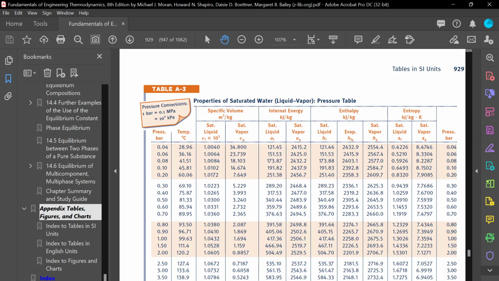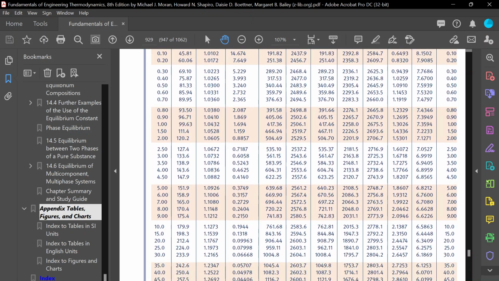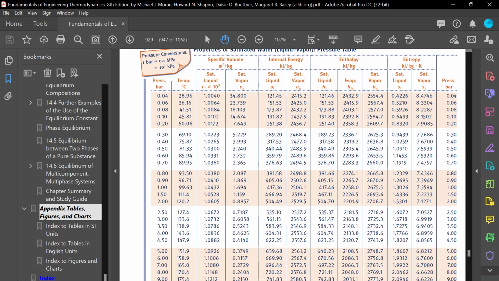But what you can do is read the enthalpies from this saturation table. The difference between the enthalpies is going to remain constant. Does it make sense? The enthalpy itself is not going to be the same as the saturation enthalpy, but the difference between the enthalpies, that's the claim your book makes, is going to remain the same.